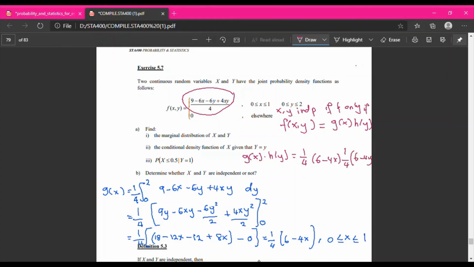It will be 1/16 (6 minus 4x)(6 minus 4y). So you need to multiply these two to know whether they are the same.